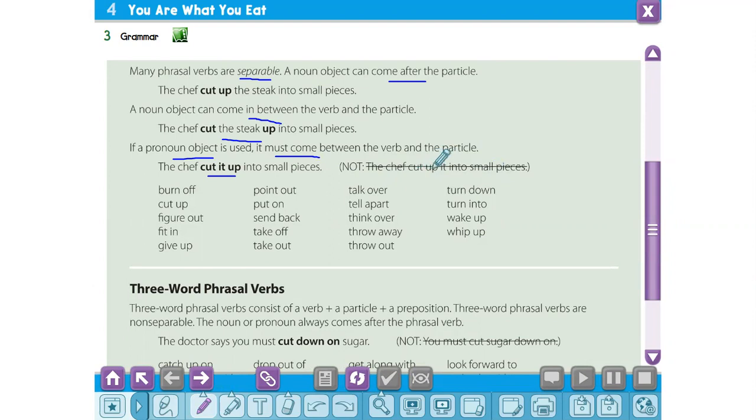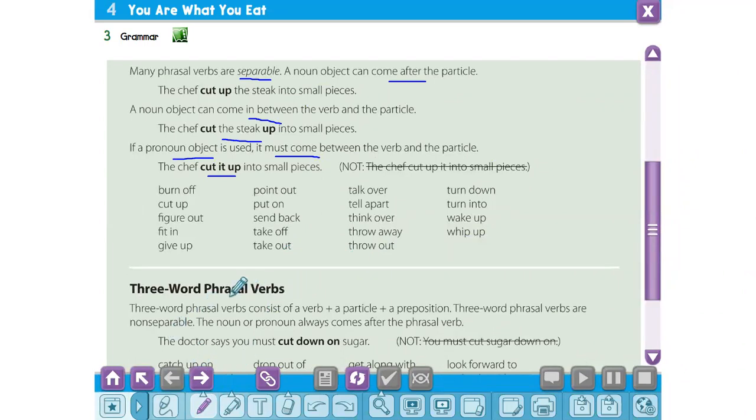For example, turn off, point out, take over, turn down, cut up, put on, tell apart, turn into, figure out, send back, think over, wake up, fit in, take off, throw away, whip up, give up, take out, throw out.